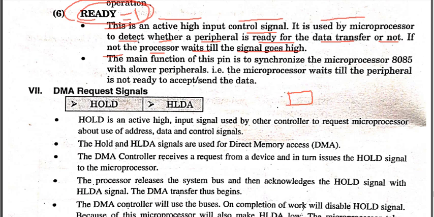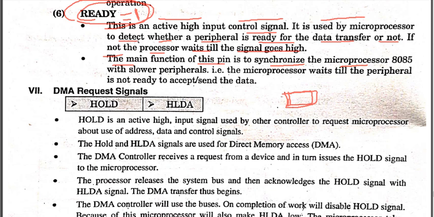Whenever we are giving a printout to the printer, whenever the printer is ready, it will send a high signal to the microprocessor 8085, and after that the microprocessor will send out the data to the printer. So that is the simple example.